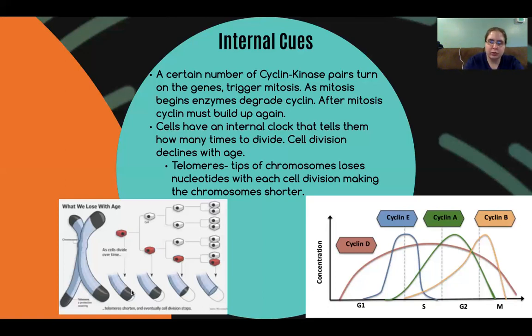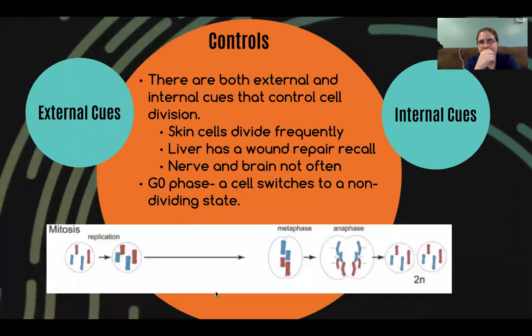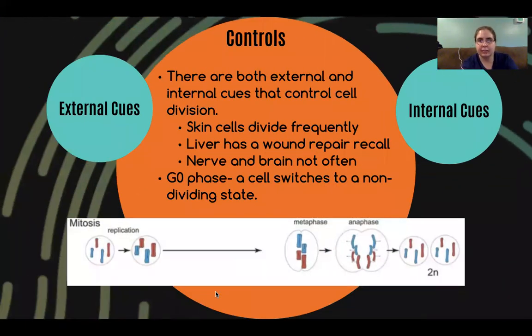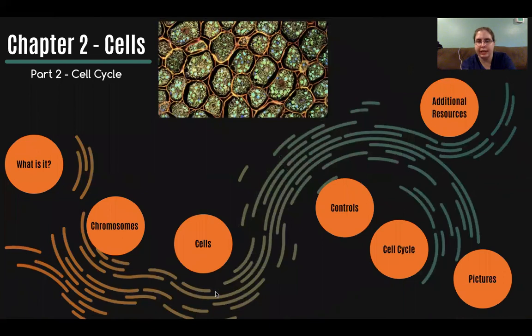And once you lose the telomeres completely, the cell is no longer able to divide because it can no longer make copies of its own DNA. So at that point, the cell cannot make copies of its DNA to put into new cells, so we just stop making new cells. And we do see that occur as we age.